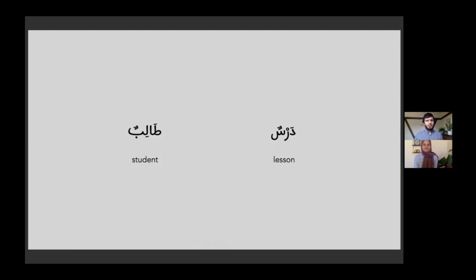Okay, so we've got two examples of nouns here. Could you read those, Ella? We've got talibun, which means student, and darsun, which is what we're having right now, a lesson. Brilliant. When I look at those words, it's always really important as an Arabic student to drink in the words and focus on their subtleties.